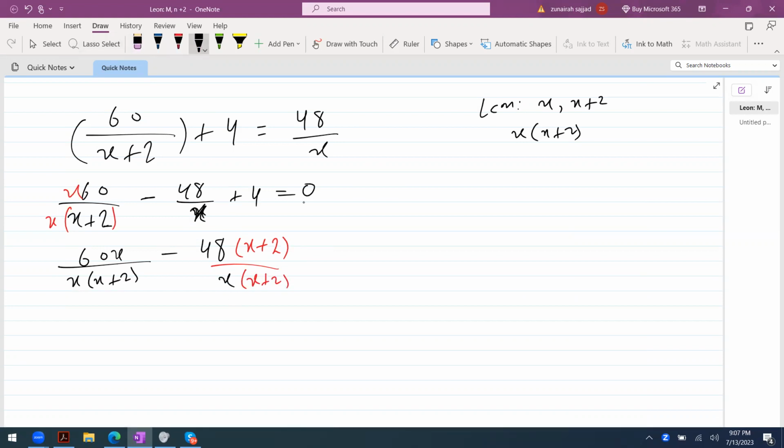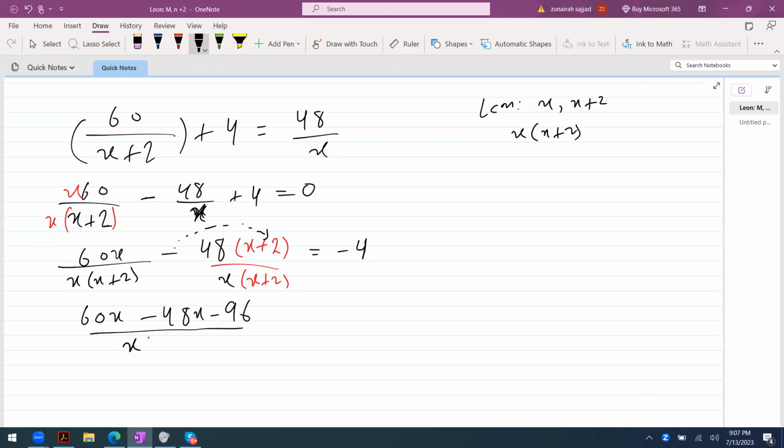This 4 you can meanwhile move to the right side, because we don't want to disturb this constant. Now the denominators are same. You can add the numerators, 60x minus 48x. This minus 48 into 2 is 96. And it will be minus 96. This minus is going to change the sign of this positive also. Okay.